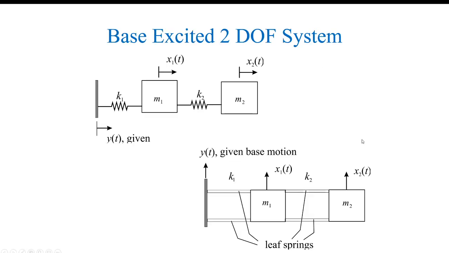Now moving on to the base excited 2-degree of freedom system. This is the actual lab we have, and you have to rotate the bottom system by 90 degrees counterclockwise. We have a two-story building model.